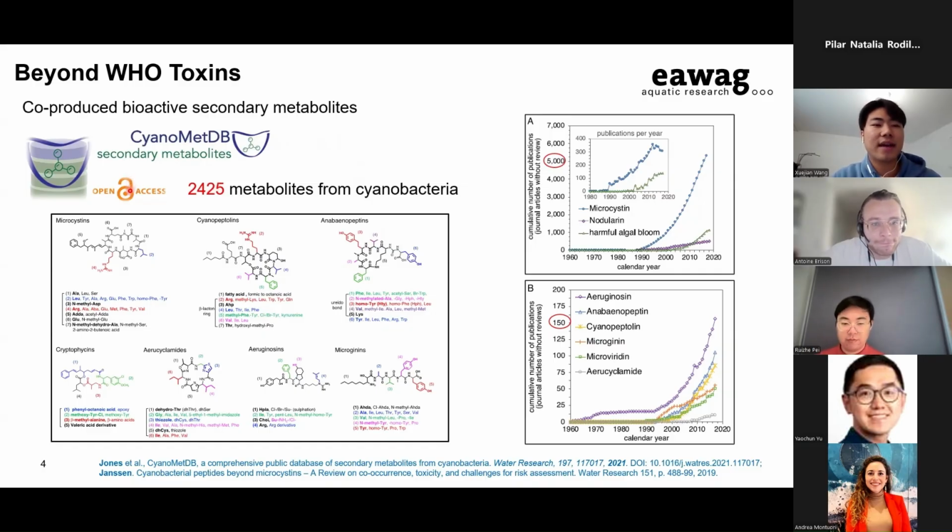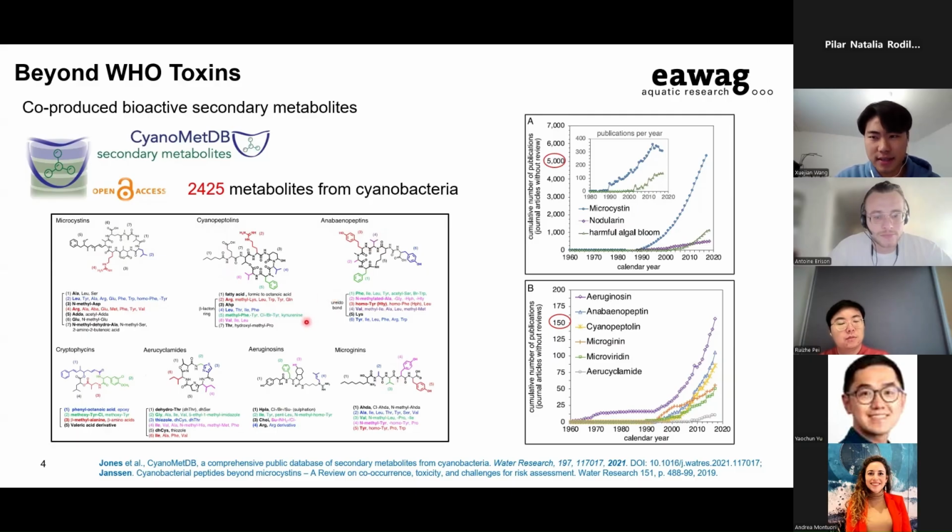Based on their chemical structures, we can classify all these cyanobacterial metabolites into different classes. For example, the microcystins, which are the most well-known toxic class, but also cyanopeptolins and aeruginosins and so on.